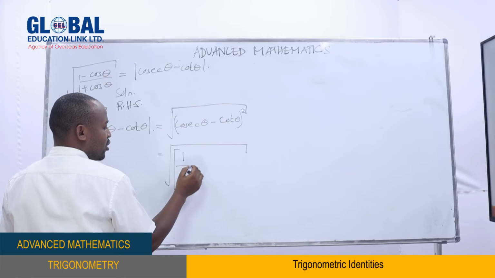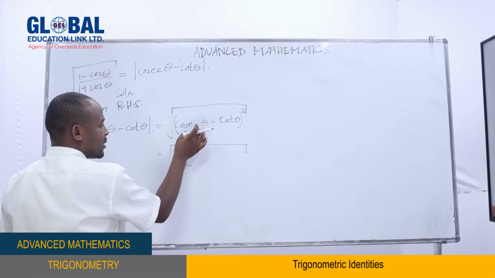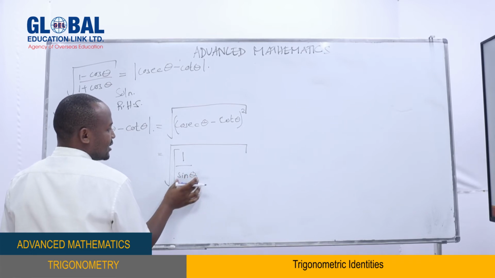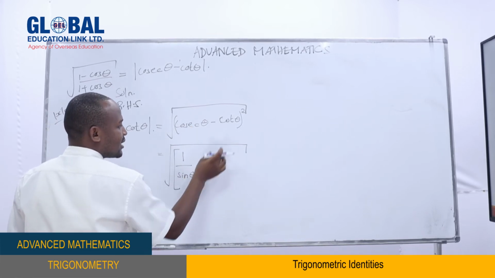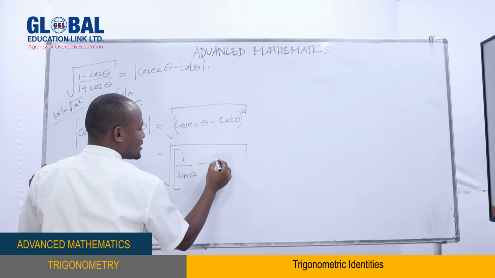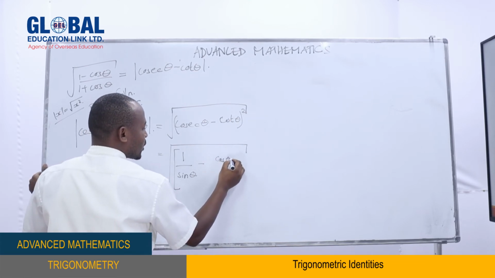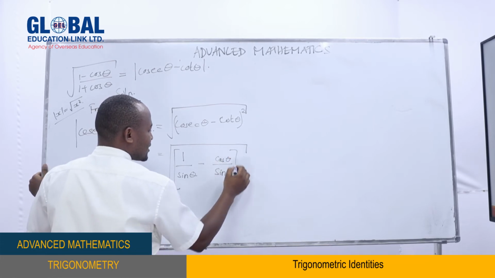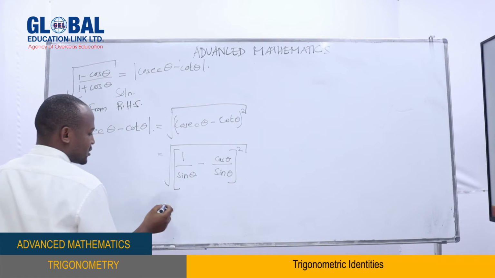This is equal to 1 over sine theta, which is cosec theta, minus cot theta, the reciprocal of tan, that is cos theta over sine theta, and all of it is squared.